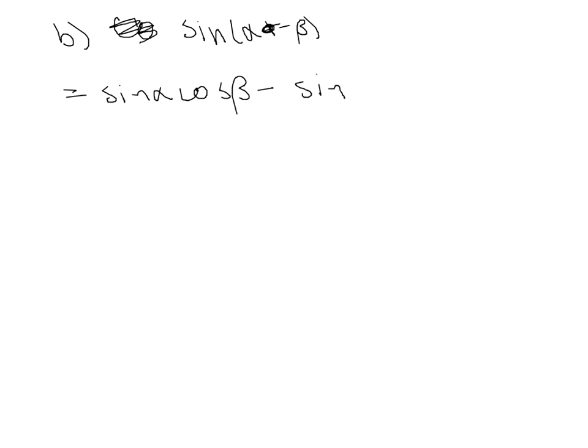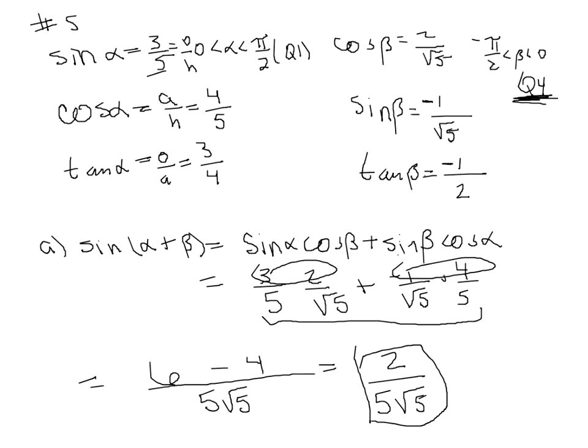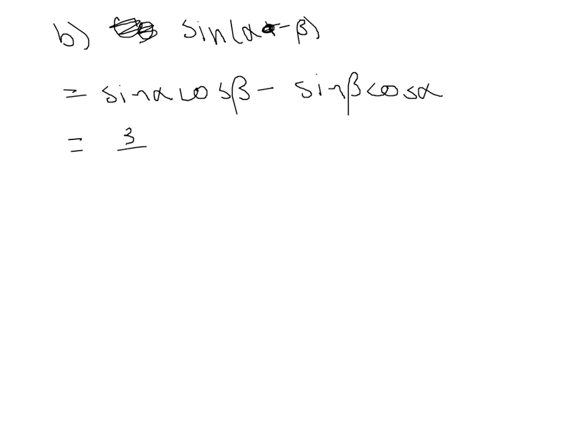B, we want to find sine alpha minus beta. So the formula for that is sine alpha cosine beta minus sine beta cosine alpha. And looking back at the last page, we see that sine alpha is 3/5, cosine alpha is 4/5.